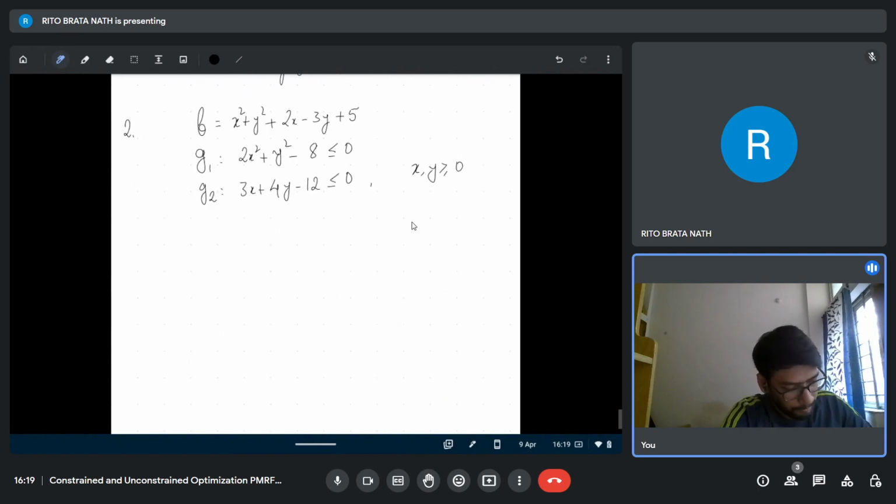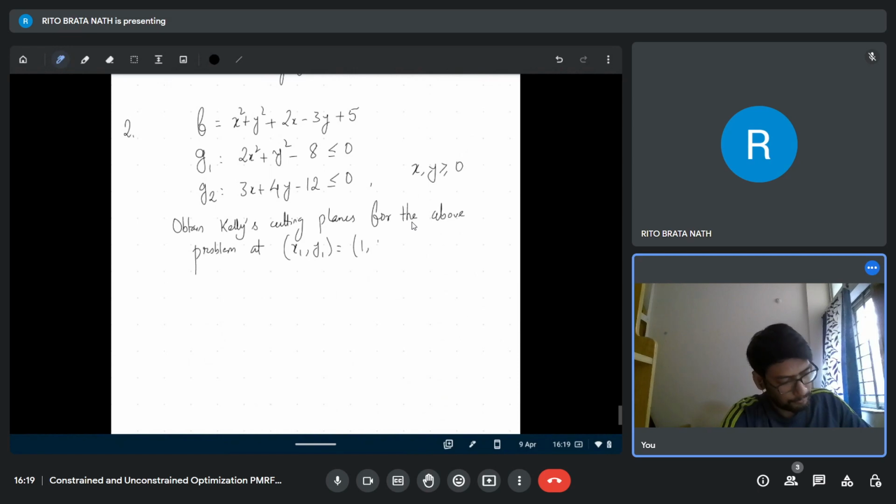So you might be asked to obtain Kelly's cutting plane for the problem at (x1, y1), say (1, 0).